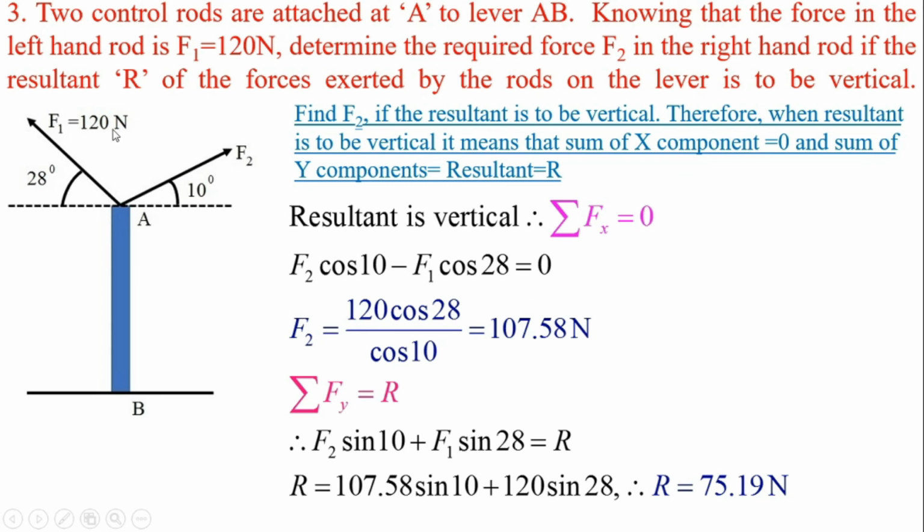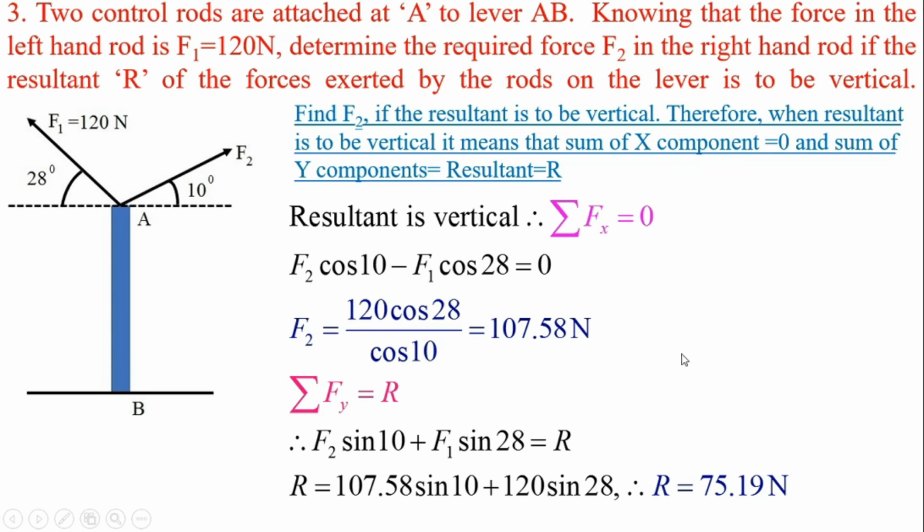So minus F1 cos 28 is equal to 0 according to the given condition. Our equation is F2 cos 10 minus F1 cos 28 is equal to 0. F2, which is unknown, is equal to F1 cos 28 upon cos 10, with F1 known as 120, and thus F2 is equal to 107.58 Newton.